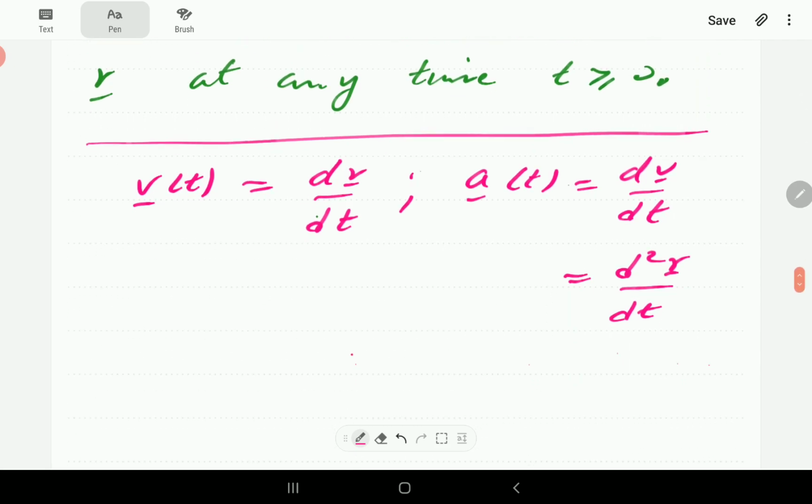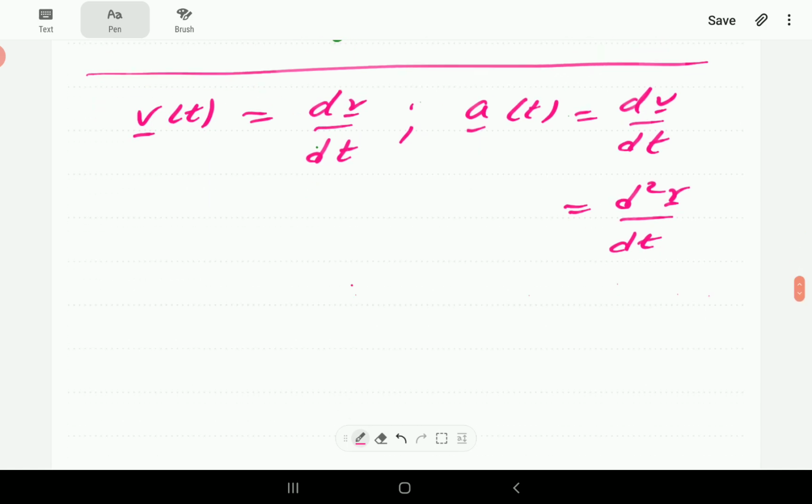What this means is that the velocity is therefore going to be the integral of the acceleration vector.